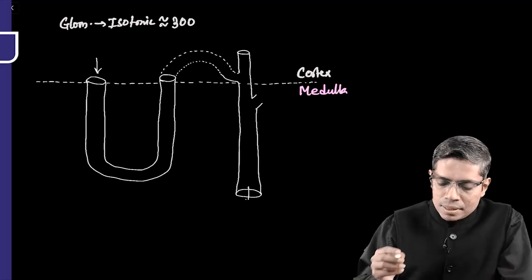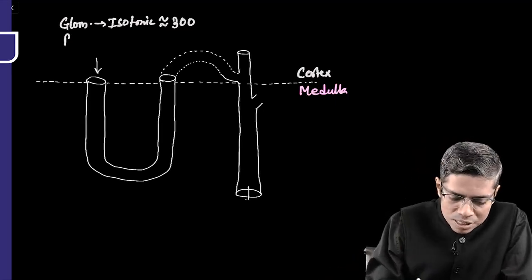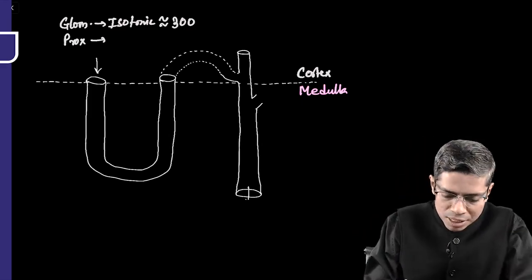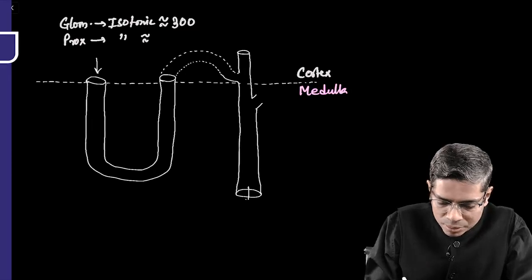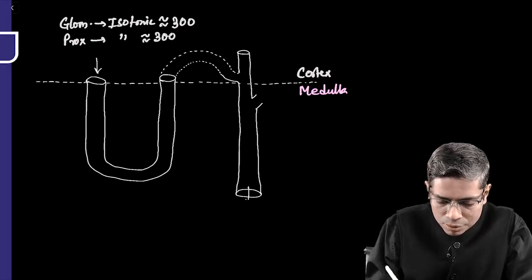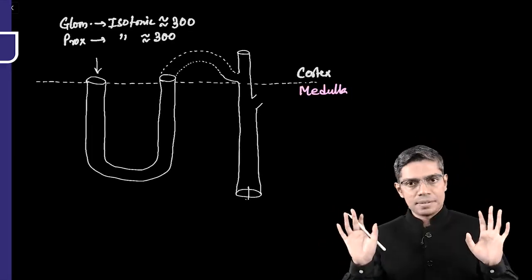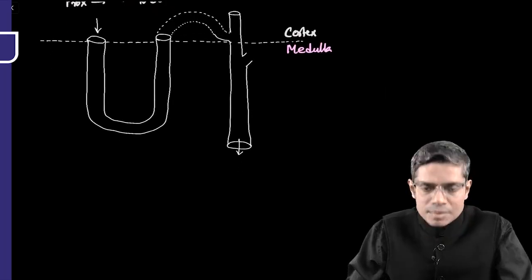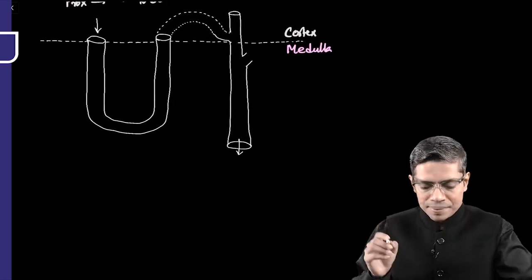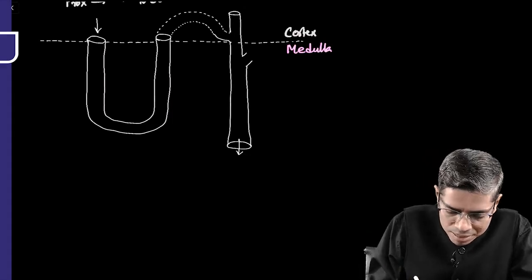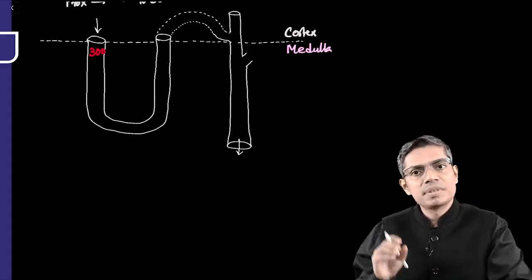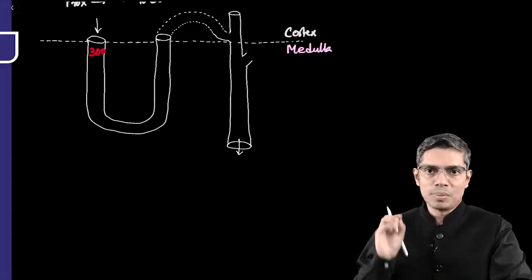Even at the level of the proximal tubule, we know that the absorption is isotonic in nature. So the proximal tubule urine tonicity is also 300 milliosmol per liter. So the urine reaching from the proximal tubule at the level of the descending thin segment will have a tonicity of 300 milliosmol per liter.